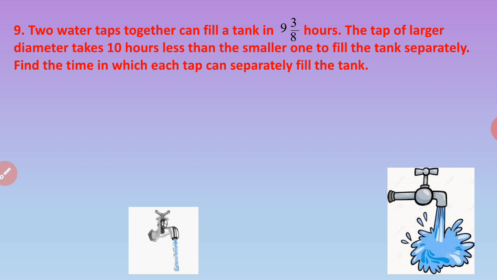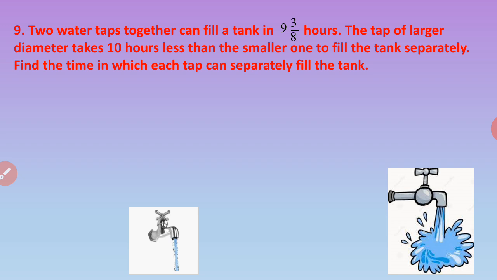Now children, there is a tank. The tank is the same. There is a change only in the diameter of the tap that is being used to fill the tank. So the quantity of water getting into the tank is the same. The volume of the water inside it is the same.